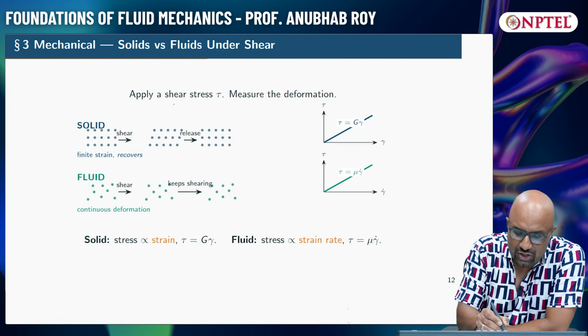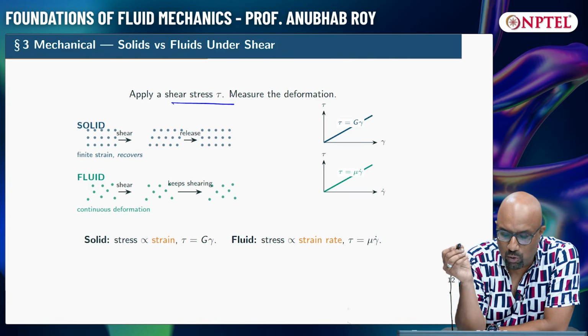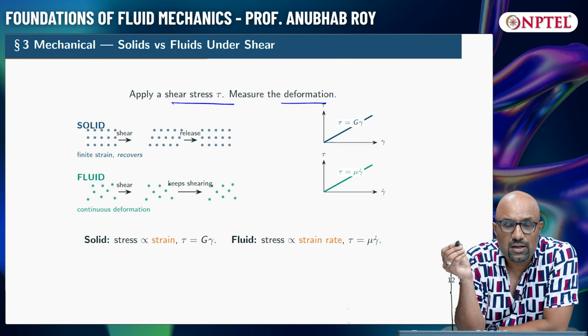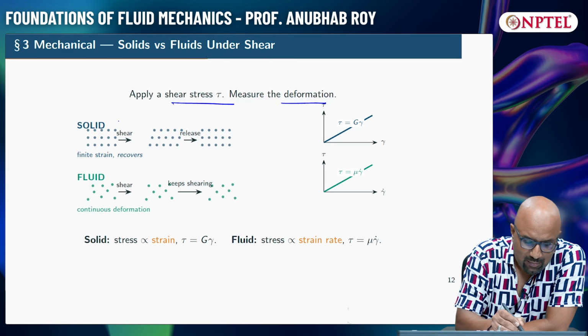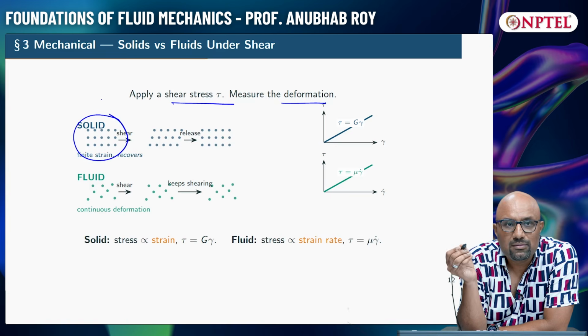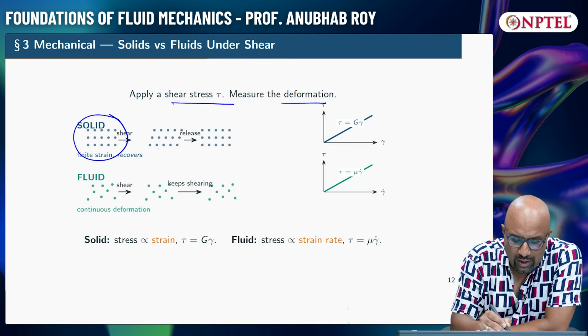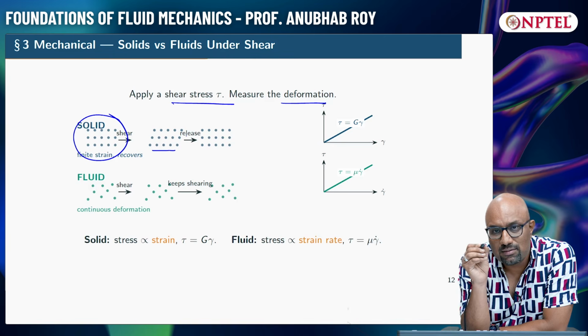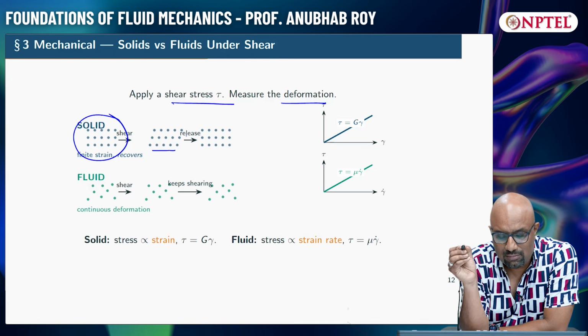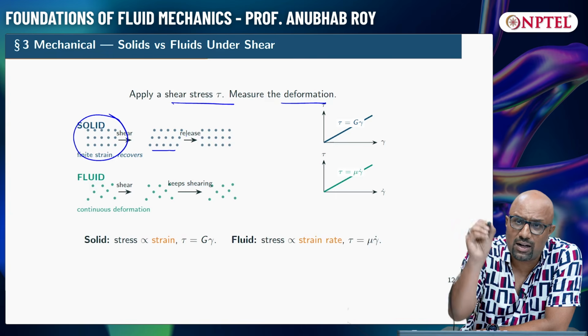So if you apply a shear stress and you measure the deformation, and you take the same crystalline structure of the molecules in a solid, you are going to find that they are all these points. You can think of them as molecules, or you can think of them as points you have marked out.